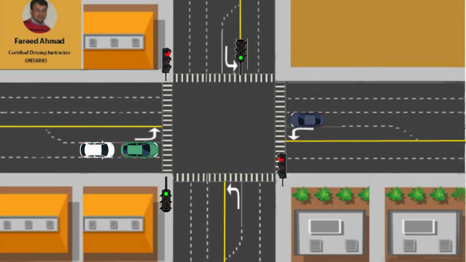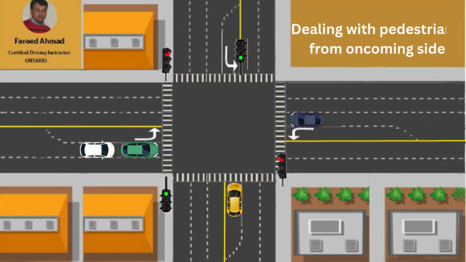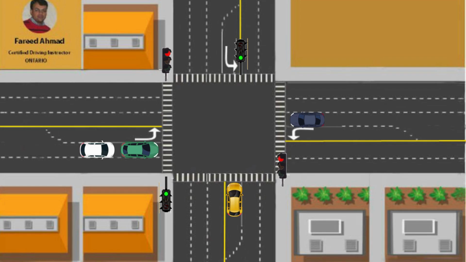Now we will learn about the left turn in different situations. Situation number one is dealing with a pedestrian from the oncoming side. You approach the middle of the intersection on a green signal. You look, and there is no oncoming traffic in all three lanes.